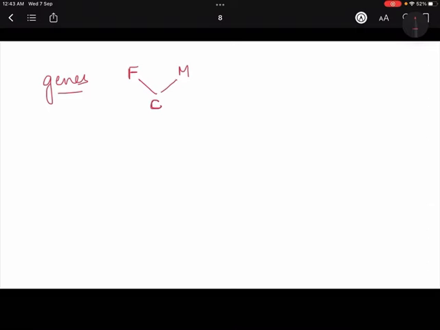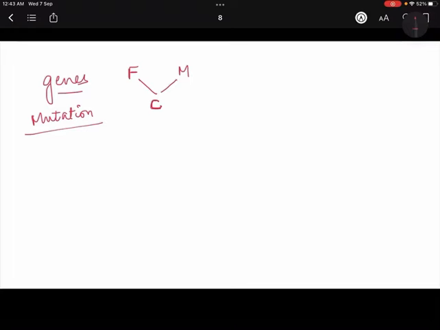This way genes get transferred to the next generation. That is the genetic information. Now, what is mutation? Mutation is a sudden change in the gene frequency.